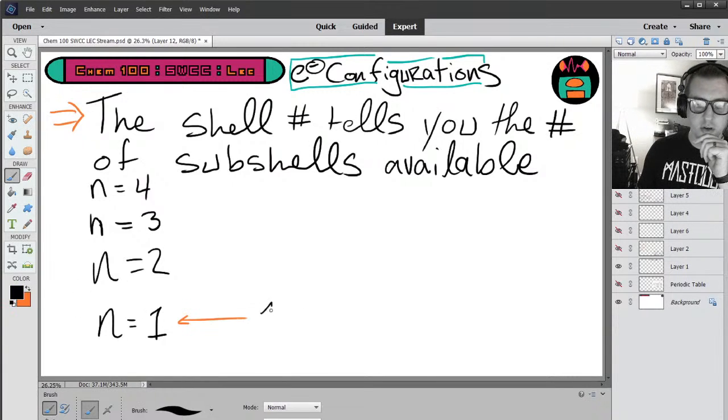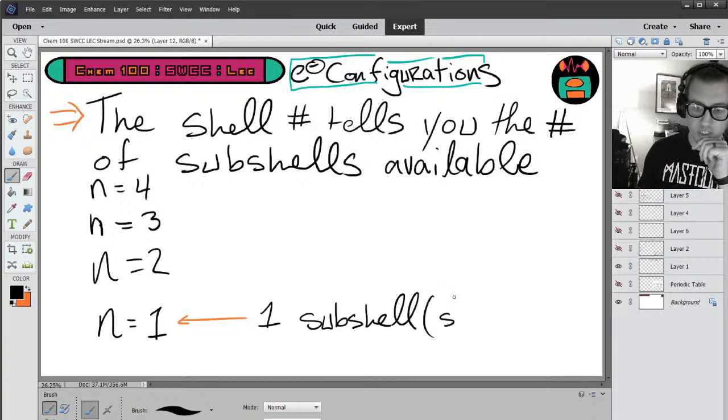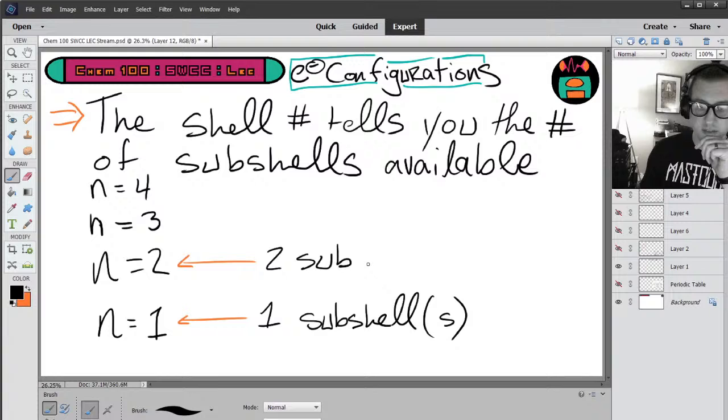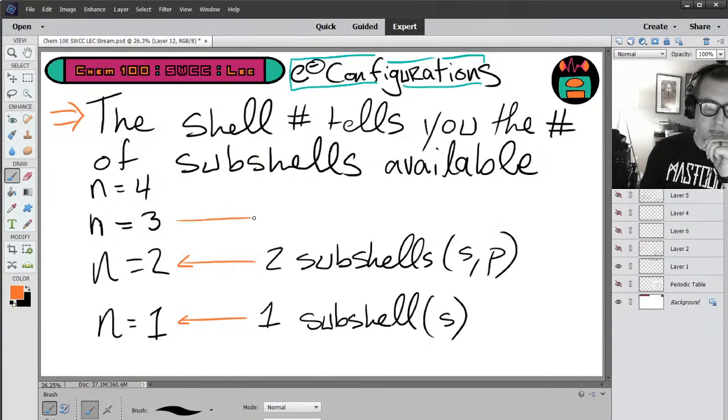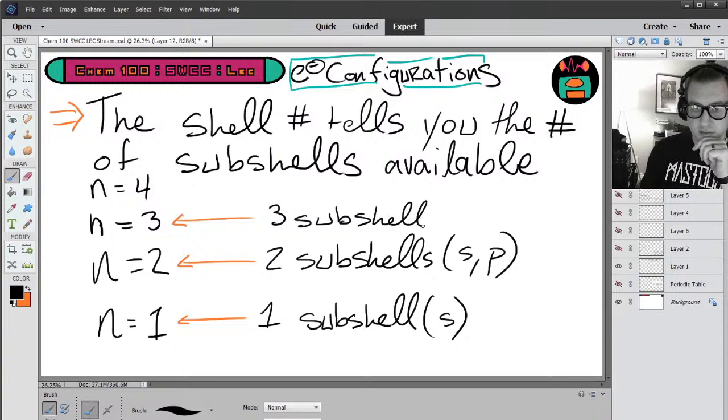On the first shell, this tells you there's one subshell, which is S. On the second shell, that number 2 tells you that you have 2 subshells, S and P. The third shell has 3 subshells available, which are S, P, and D.